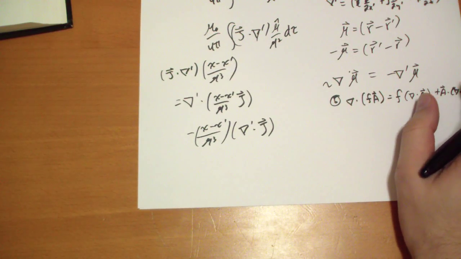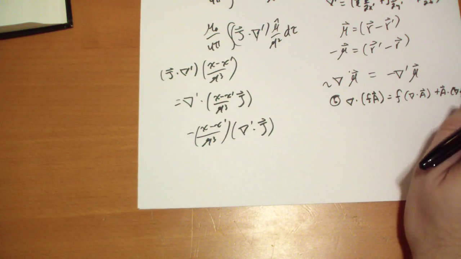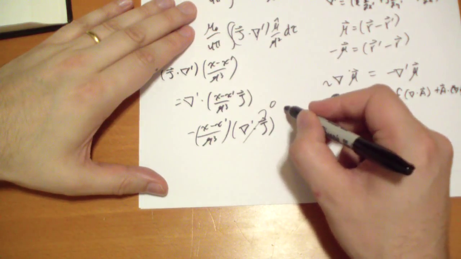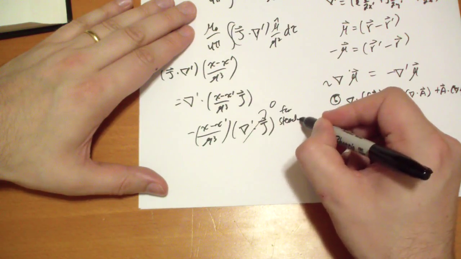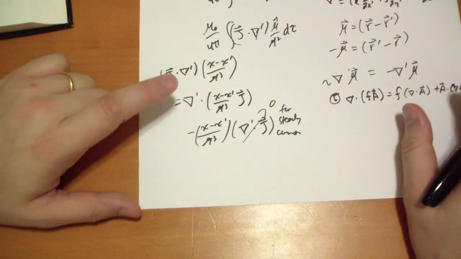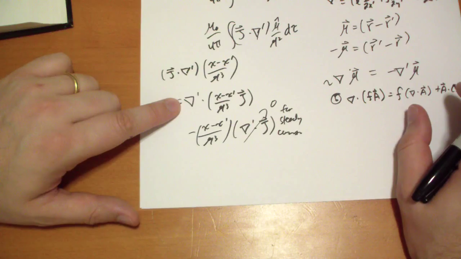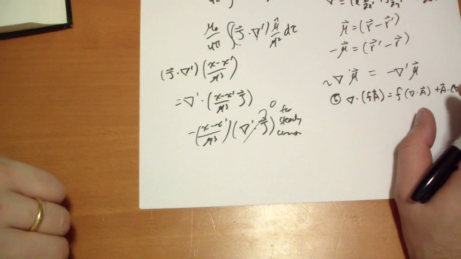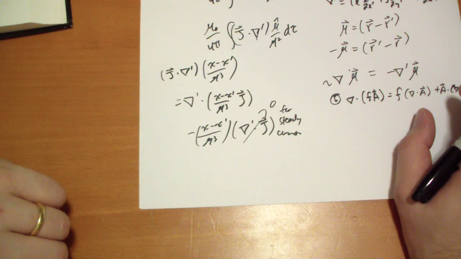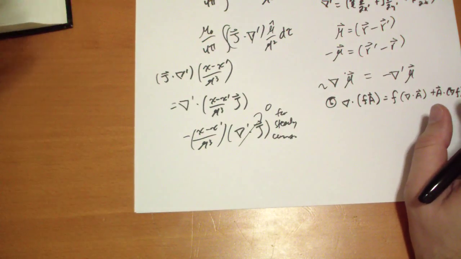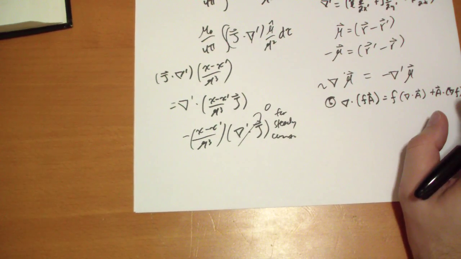The divergence of j vector in steady currents is 0. If we can just now prove that this is going to be 0, then we can use the same reasoning for any other coordinate in our vectors.